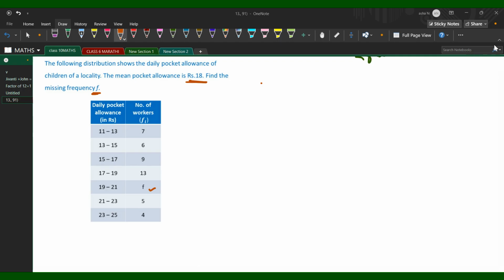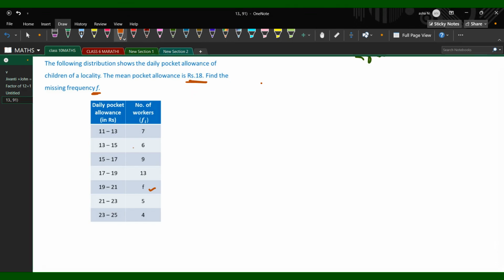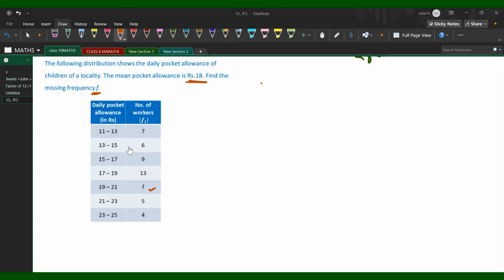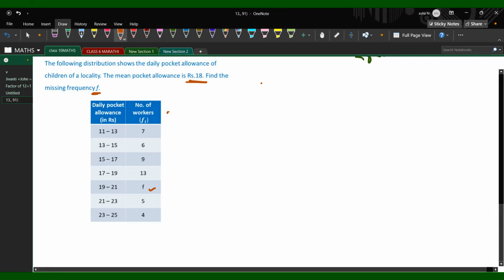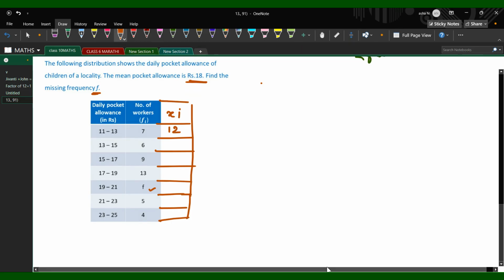So let us find out. The very first step, the first column is the range, then we have f_i. So let's find out x_i, that is the class marks, and then we know how to use it. 11 plus 13 is how much? 24. 24 divided by 2 is 12.